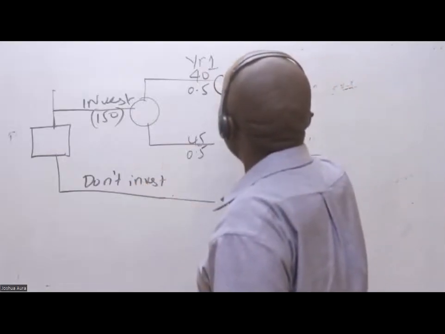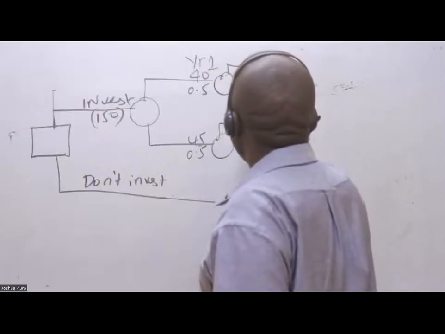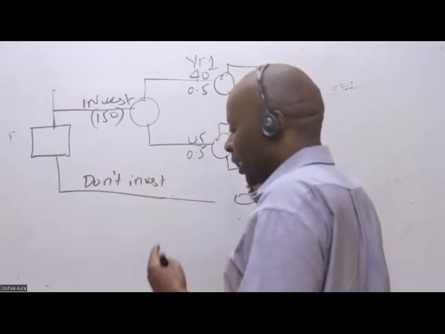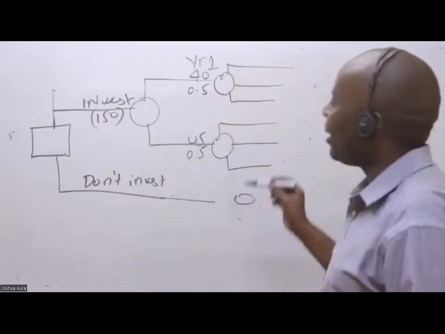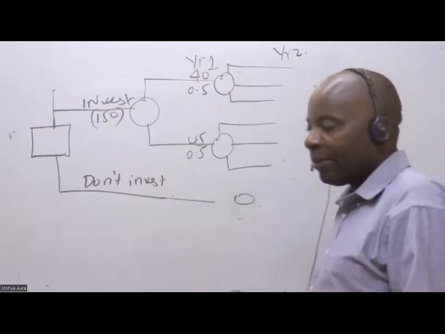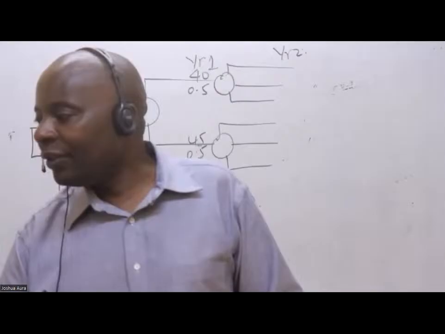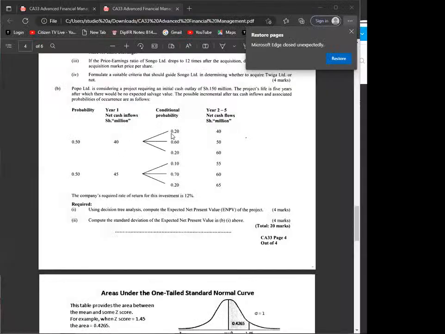There are 3 possibilities for year number 2, depending on the cash flow that we get. If the cash flow for year number 1 is going to be 40, there are 3 possibilities for year 2 to year 5.